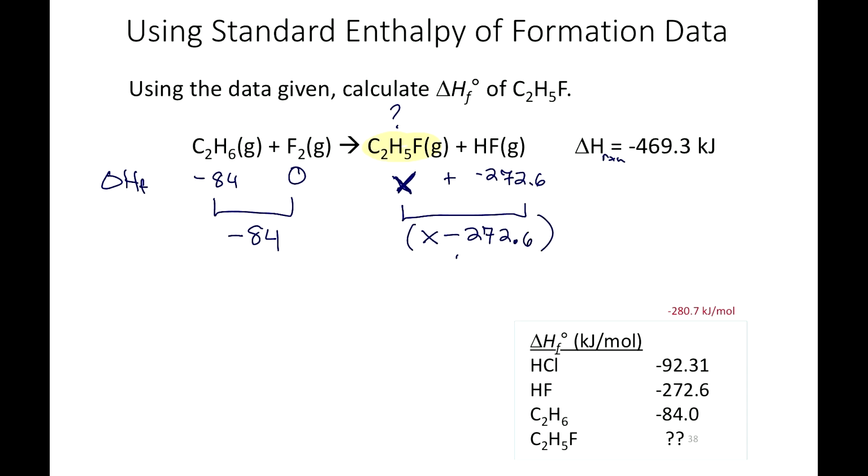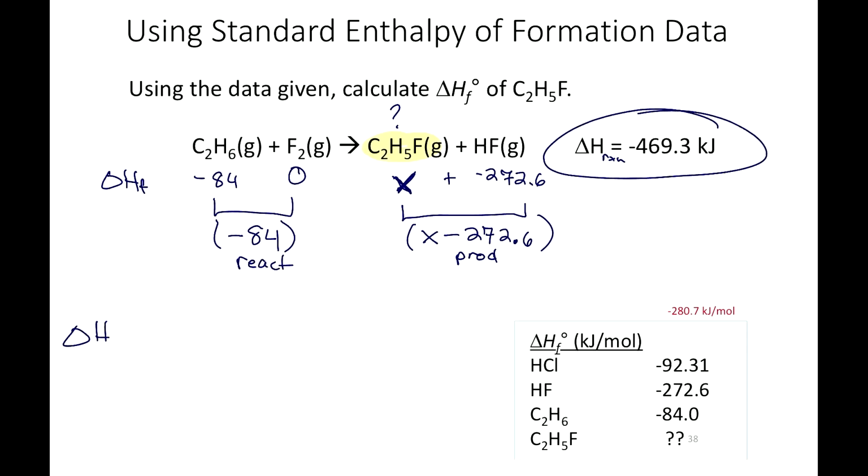So here I'm going to solve for X. Remember, my delta H of the reaction is equal to negative 469.3 kilojoules, which equals products minus reactants. So X minus 272.6. Thankfully, everything's a 1-to-1 ratio here, so that's nice. Minus negative 84. All right?